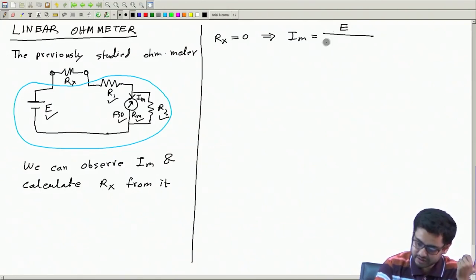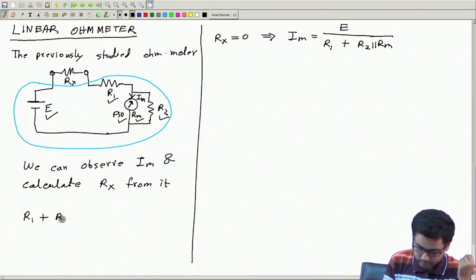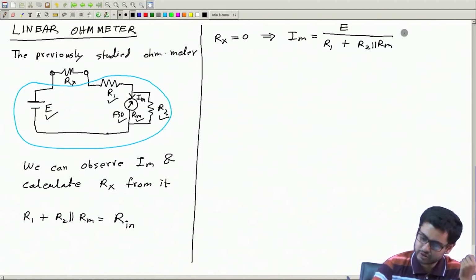All this resistance is R1 in series with R2 parallel Rm. Let me call R1 plus R2 parallel Rm equal to R in, the total internal resistance of the circuit. So then this is equal to E by R in.